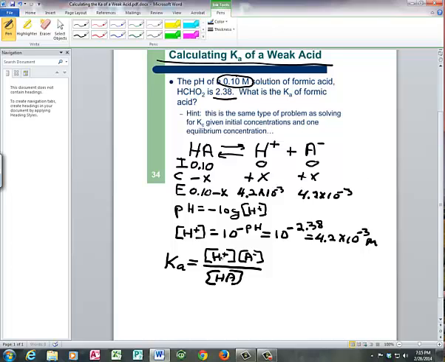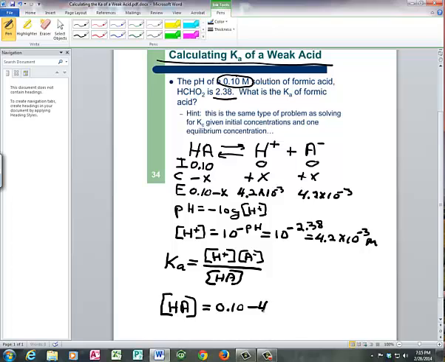Now, I know my concentration of H plus and I know my concentration of A minus. They're on the equilibrium line of my ICE table. What I don't know yet is my equilibrium concentration of HA. So it may not make a difference, but let's go ahead and be very accurate and calculate the equilibrium concentration of HA by taking the initial concentration, which is 0.10, and subtract X. Well, we know what X is.